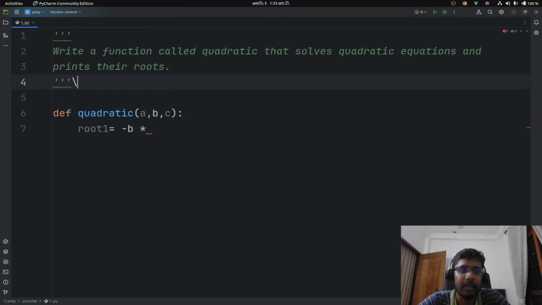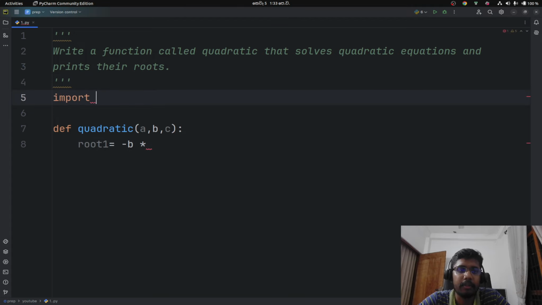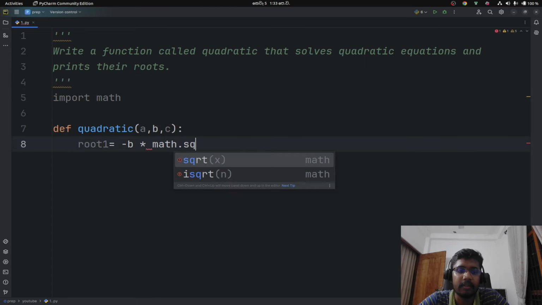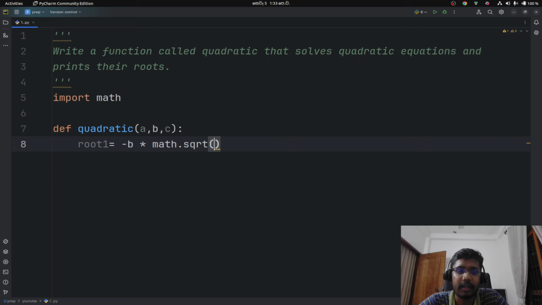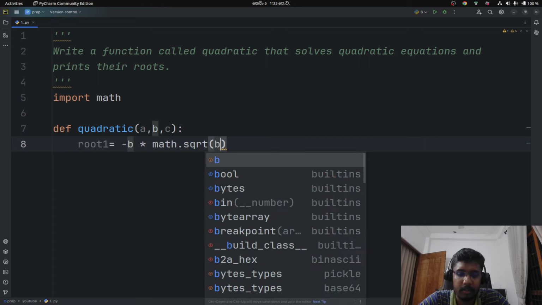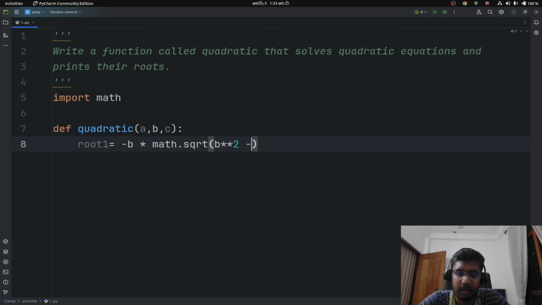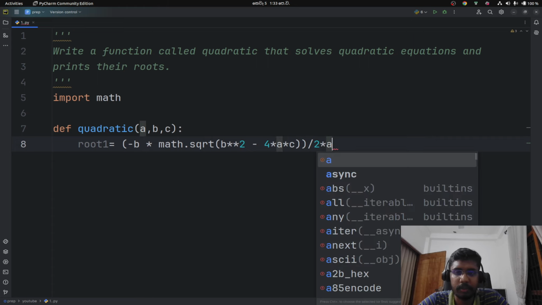For that I'm going to use the math library, so import math, and then I'm going to do math.sqrt, and then inside I'm going to write the expression b squared minus 4ac. Now I will divide the whole thing by 2 into a.